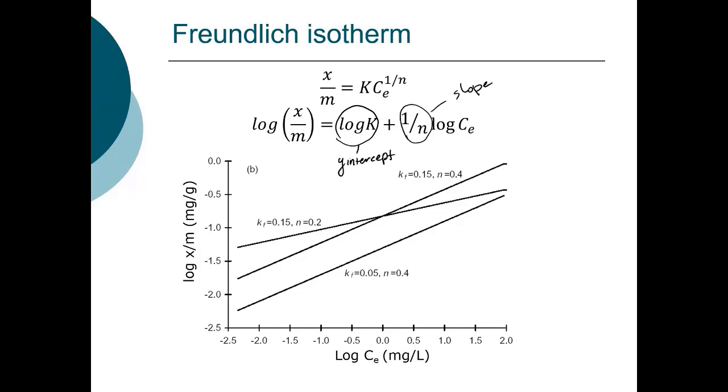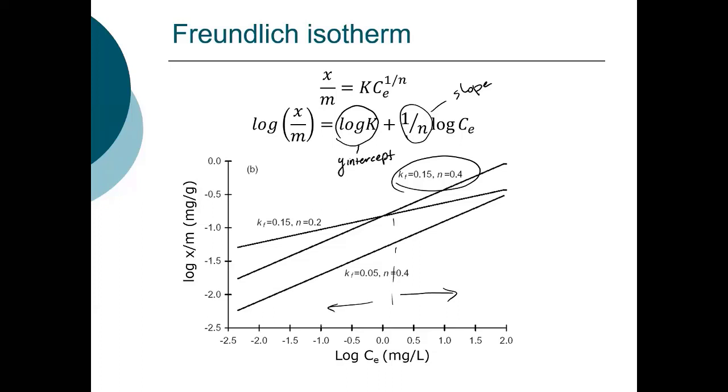And what you can see here, for instance, at log equilibrium concentrations greater than about 0, that this carbon is the best. If your equilibrium concentrations are less, then this carbon is the best.